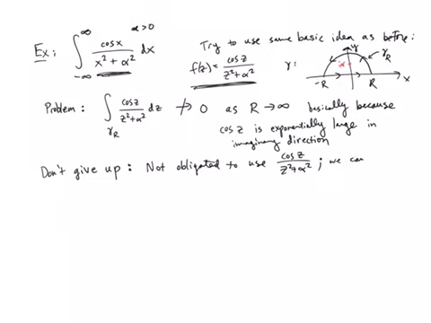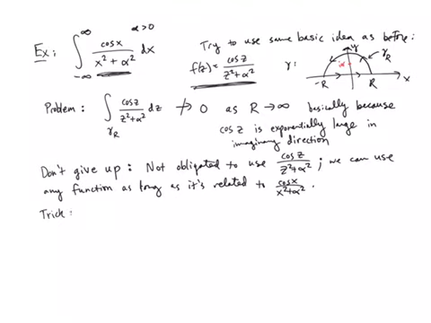We can use any function as long as it's related to cosine of x over x squared plus alpha squared. So one thing we might notice, basically the trick, is to think of this cosine of x as the real part of e to the ix.